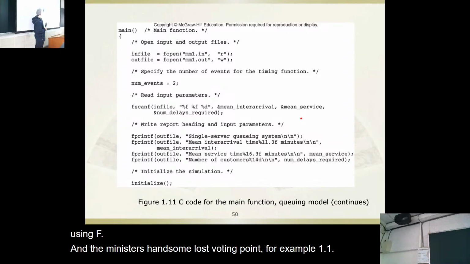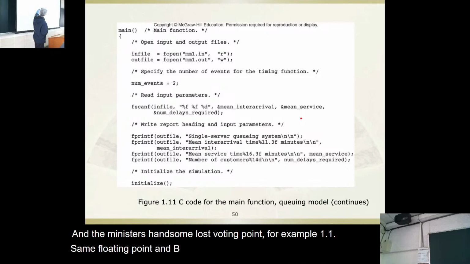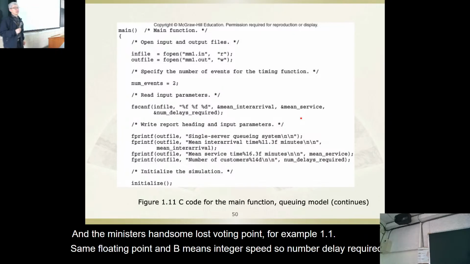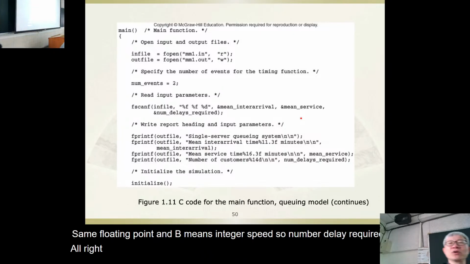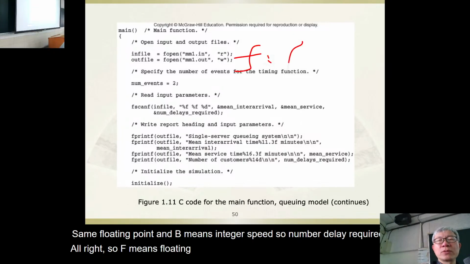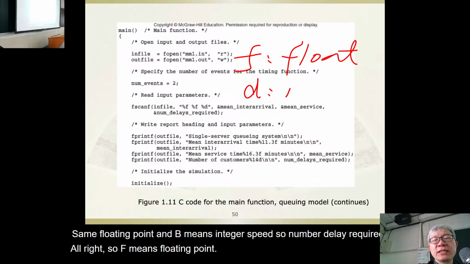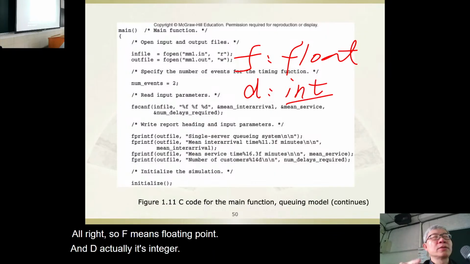And d means integer. It's d. So number of delays required. All right. So f means floating point. And d actually is integer.